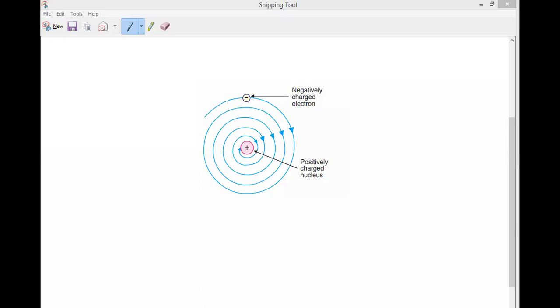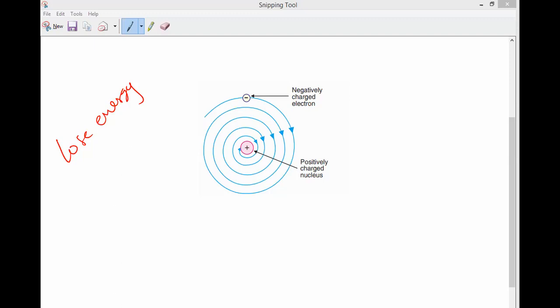That radiated energy we used to call loss of energy. It must radiate energy or lose energy continuously.